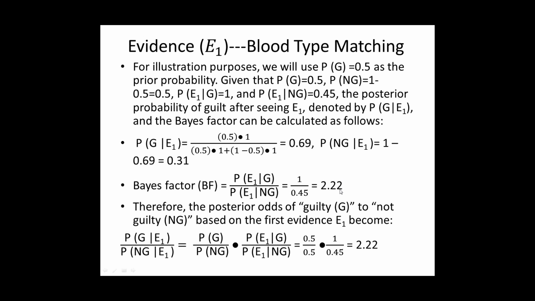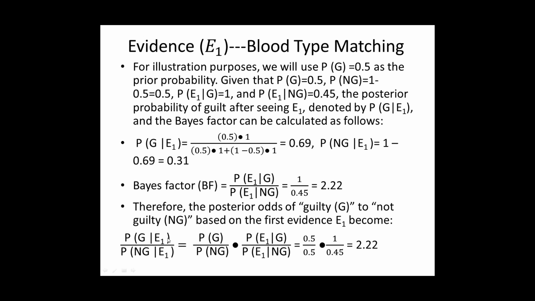Evidence E2 is a fingerprint analysis. After we plug all of the information into the equation, remember that the Bayes rule, as I said, illustrates the cumulative nature of evidence, which means when you evaluate the second evidence, all of the jurors have already evaluated the preceding evidence.